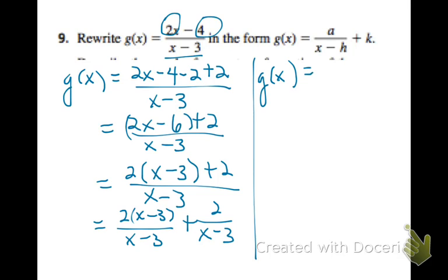Now a few more steps of simplifying, dividing out the x minus 3 and then just changing the order will get us in the correct form. So we'll end up with 2 over x minus 3 plus 2.